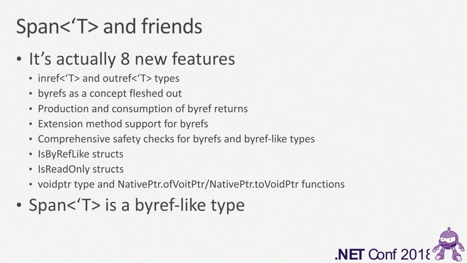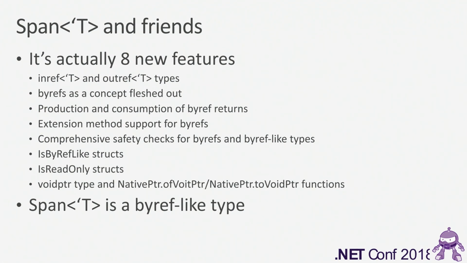There's production and consumption of byref returns, which came out a while ago and has evolved for quite a while. We have extension method support for byrefs. We have a lot of safety checks for using byrefs and byref-like types, which is the thing that holds it all together, because you want to be able to do low-level programming in a high-level language, but the whole point of using a high-level language is to be safe.